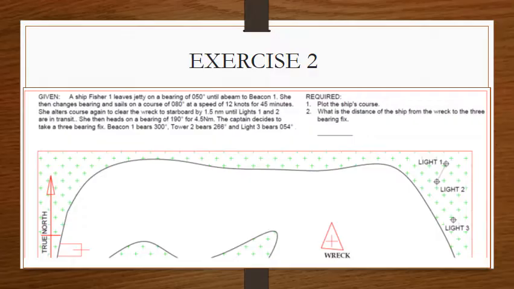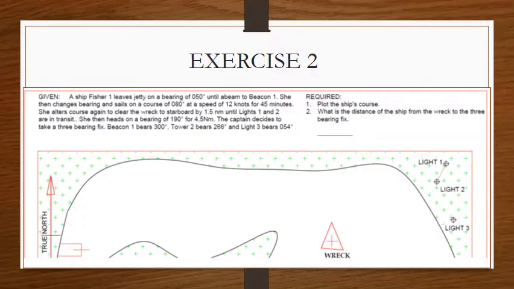She then heads on a bearing of 190 degrees for 4.5 nautical miles. The captain decides to take a 3 bearing fix. Beacon 1 bears 300 degrees, tower 2 bears 266 degrees and light 3 bears 054 degrees. You are required to plot the ship's course and also find the distance of the ship from the wreck to the 3 bearing fix.